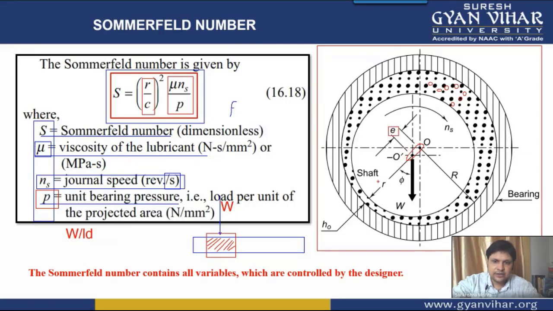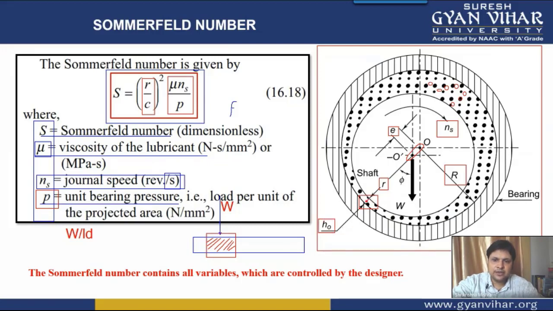Then the radius of the journal is denoted by small r, and the radius of the bearing is denoted by capital R. The revolutions per second of the journal inside the bearing is denoted by small ns. As you can see, the minimum thickness of the oil film, the minimum thickness of the lubricant in this clearance space, is here, and it is denoted by h naught.